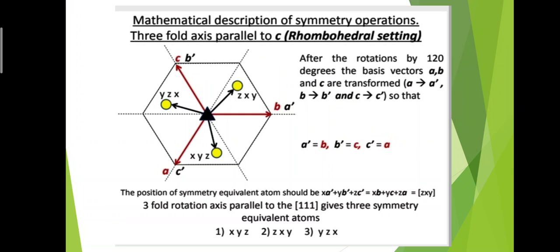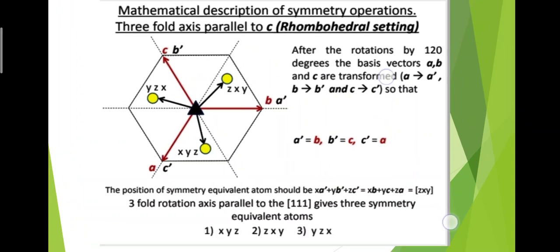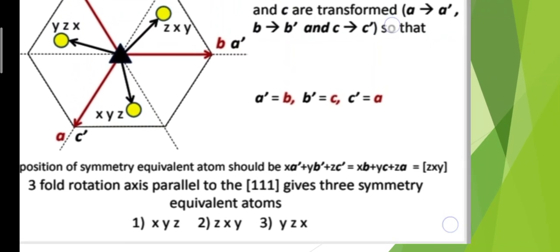Mathematical descriptions of symmetry operations, three-fold axis parallel to C, rhombohedral setting. After the rotation by 120 degrees, the basis vectors A, B, C are transformed: A to A dash, B to B dash and C to C dash, so that A dash is equal to B, B dash is equal to C and C dash is equal to A. The position of the symmetry equivalent atoms xA dash plus yB dash plus zC dash is equal to xB plus yC plus zA, which is equal to zxy.